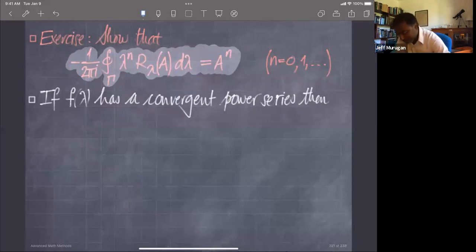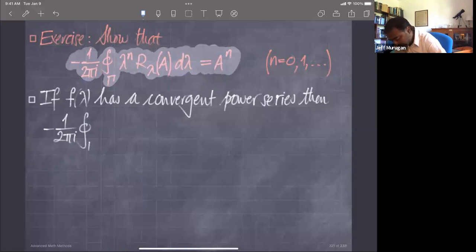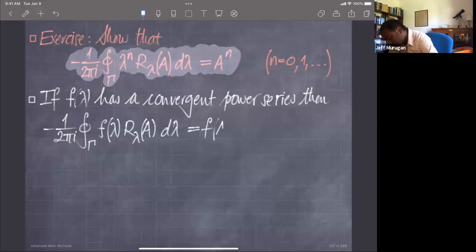Then what I have is that minus 1 over 2 pi i times the integral over gamma of f of lambda times the resolvent R lambda of A integrated with respect to lambda must converge to f of A.